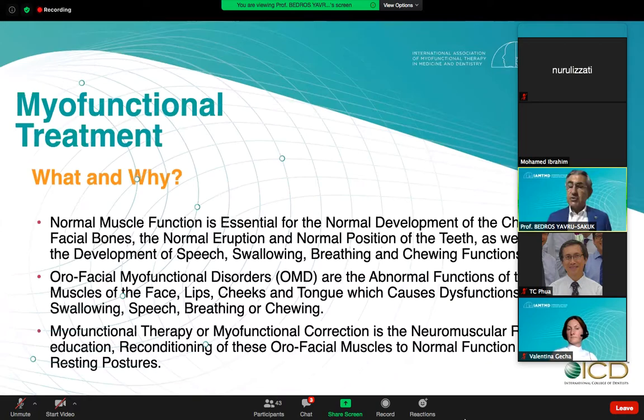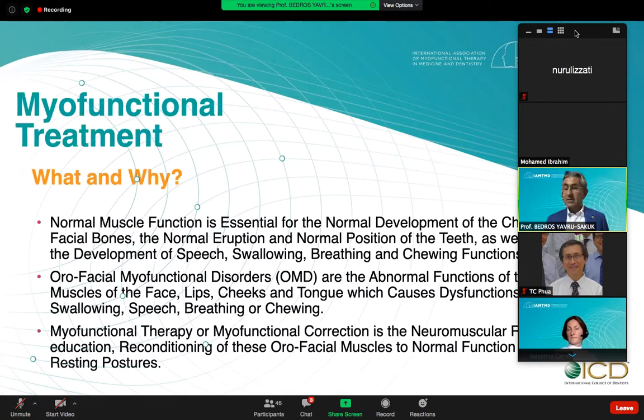As you know, normal muscle function is essential for the normal development of the children's facial bones, the normal positioning of the teeth, and more importantly, for the normal development of the vital functions such as breathing, chewing, swallowing, and speech. The myofunctional treatment with specific appliances and specific muscle exercises has the important purpose of reconditioning and normalizing these muscle dysfunctions.